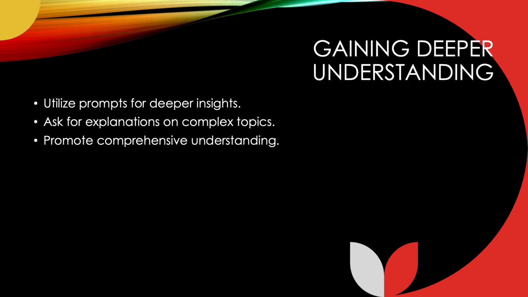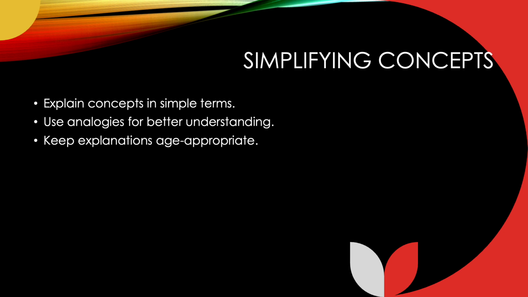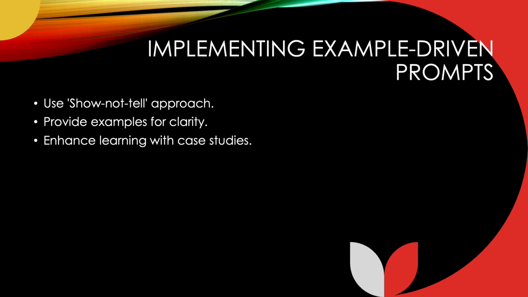Or suppose you are a mechanical engineer and you want to learn some concept, you can relate it to a piston, like explain this to me as how an engine would work, so you will be able to understand it. Then you can also write a prompt to simplify concepts, like explaining the concept in simpler terms. You can use analogies for better understanding, and keep explanations age appropriate, the way I told you.